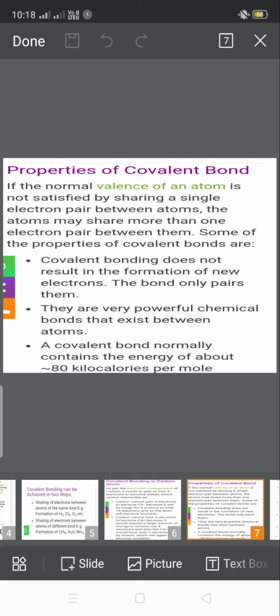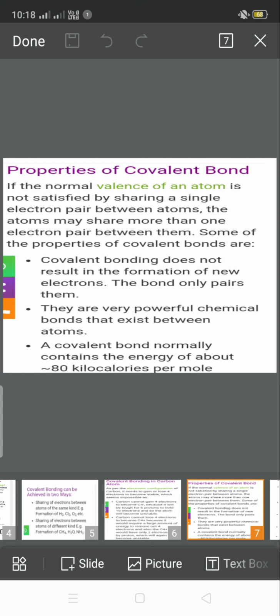Properties of covalent bond. If the normal valence of an atom is not satisfied by sharing a single electron pair between atoms, the atoms may share more than one electron pair between them. Some of the properties of covalent bonds are: covalent bonding does not result in the formation of new electrons, the bond only pairs them. They are very powerful chemical bonds that exist between atoms.